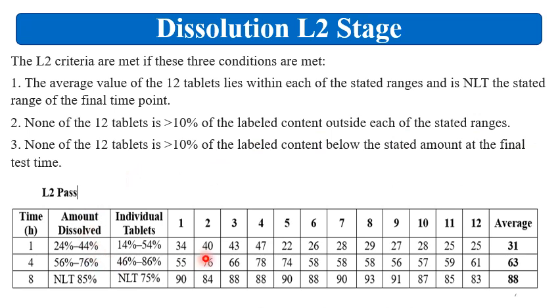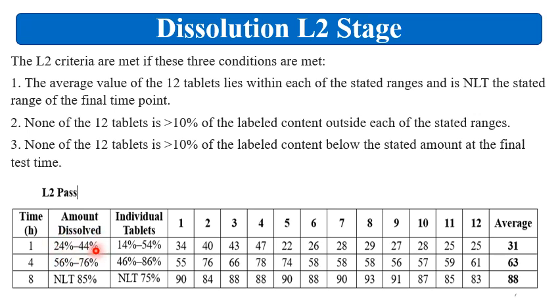So now see how the L2 stage is passing here. Here 12 individual unit data is given. This is hypothetical data and I have made it only for understanding. So no unit is less than 14%. No unit is above 54%. Similarly here 46 to 86% range is maintained and the average is also passing the criteria of L1.